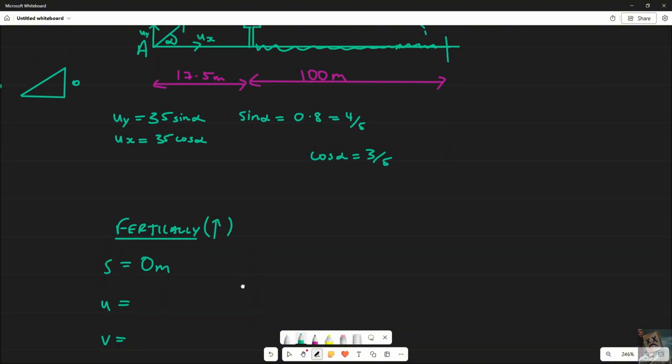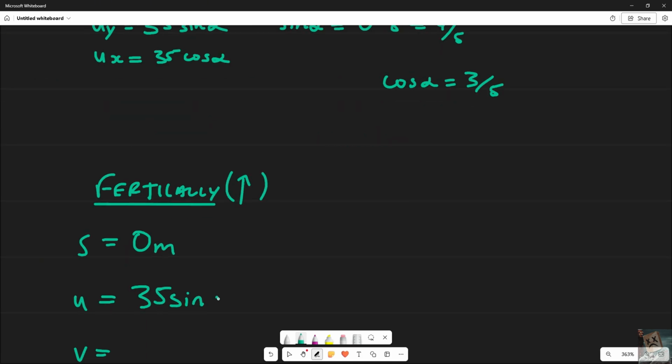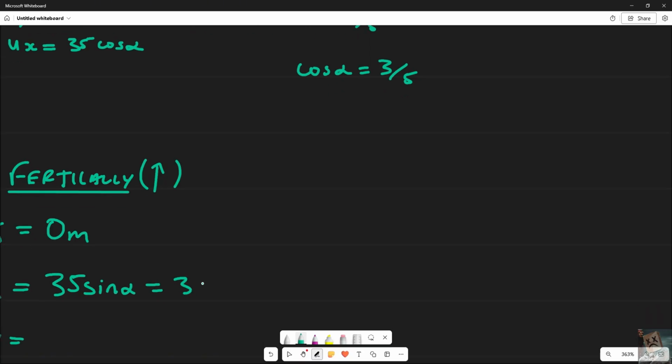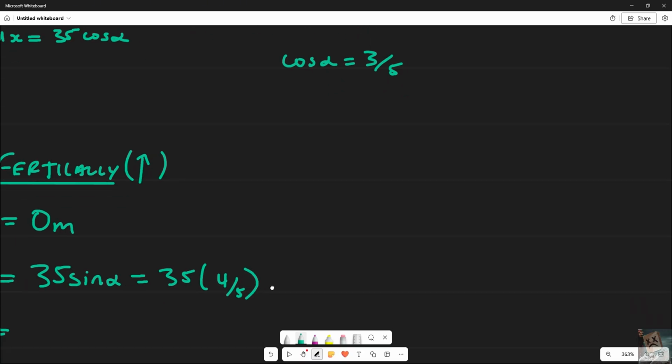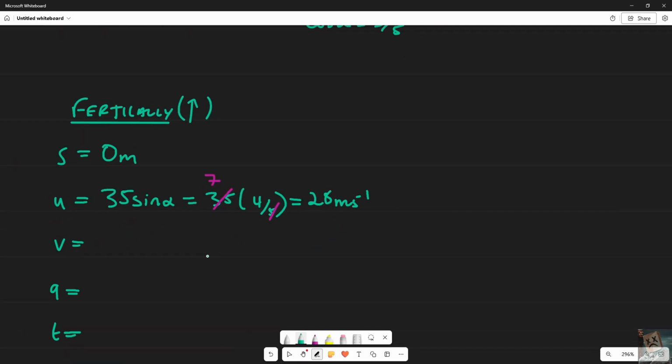U, looking at vertical, is uy, which is 35 sin alpha. We know sin alpha is 4/5, so 35 times 4/5. 5 goes into 35 7 times, and 7 times 4 is 28 meters per second.